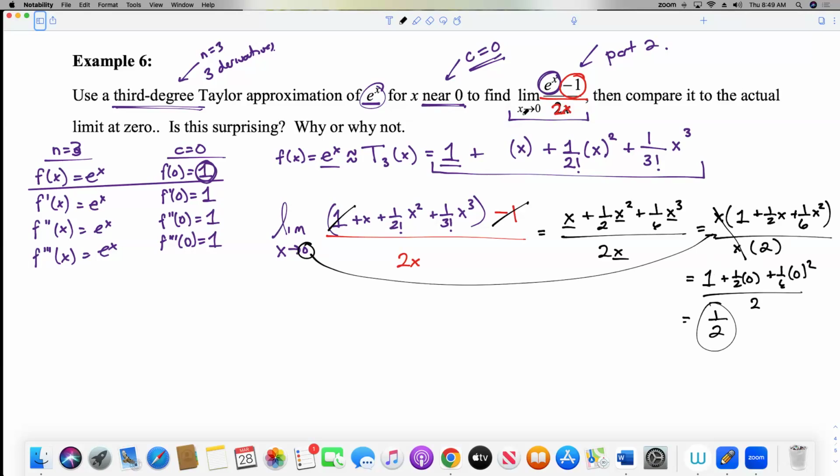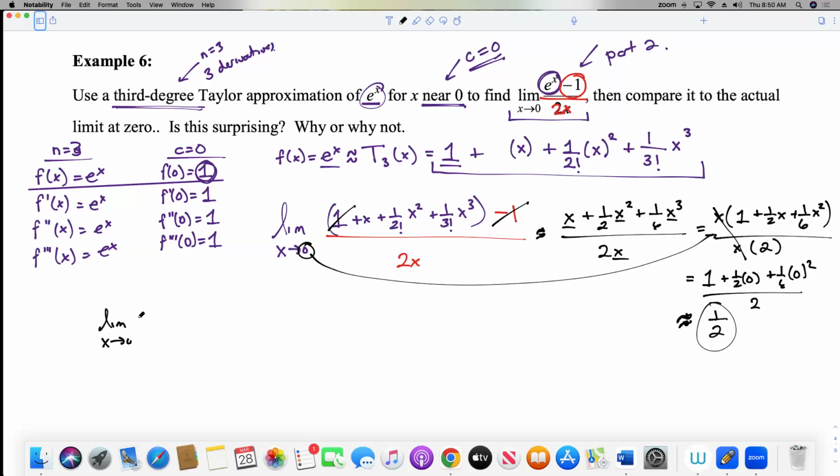All right, so the limit as x approaches 0 of this should be approximately 1/2. Remember, because we used the Taylor approximation, we need to continue with the squiggles of approximately 1/2.